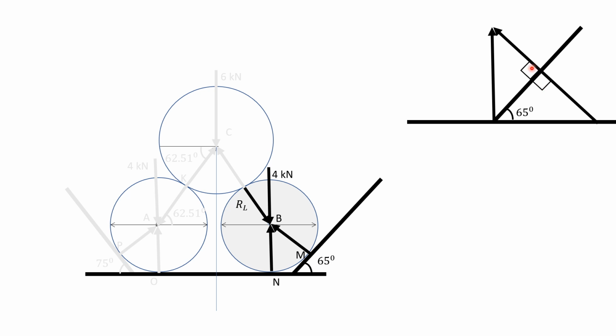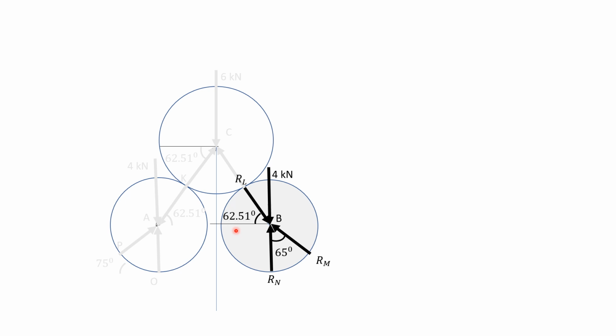This angle is 25 degrees, this angle is 25 degrees, and this angle will be 65 degrees. So now here there are four forces. We cannot apply Lami's theorem. Now applying equilibrium conditions, summation Fx equal to 0 and summation Fy equal to 0.